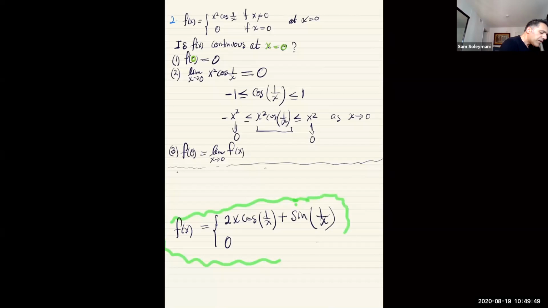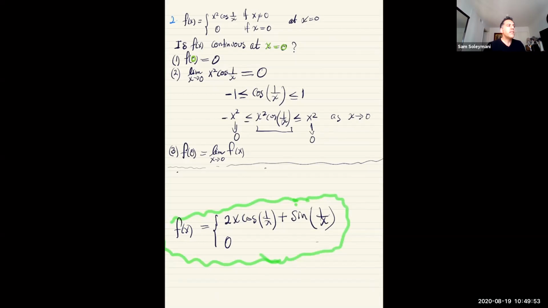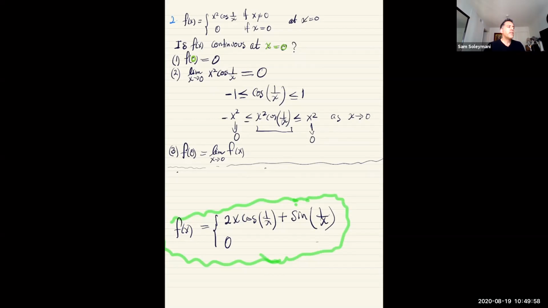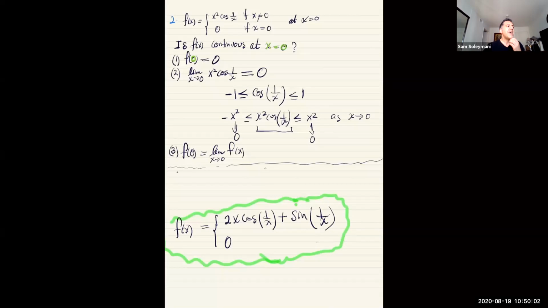Okay, so now you guys are going to investigate the limit from the right and left. And I doubt the limit is going to exist.